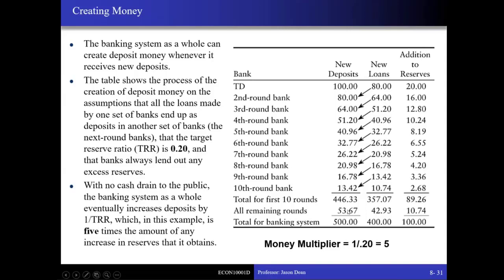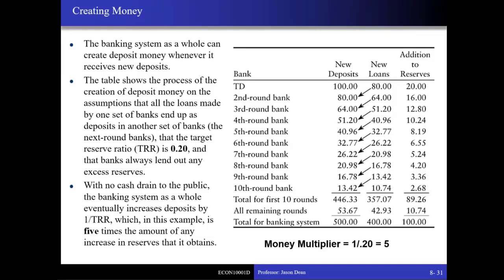In the end, the total for the banking system is that new deposits would increase by 500. And what do we consider money in M1? We consider demand deposits. So we've increased the money supply here. If this initial $100 was currency, someone's cash under their mattress, then it's really not new money.